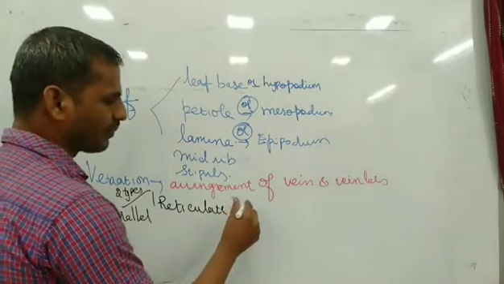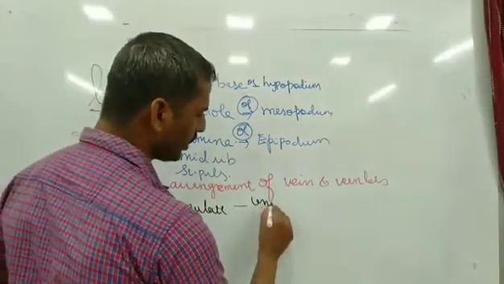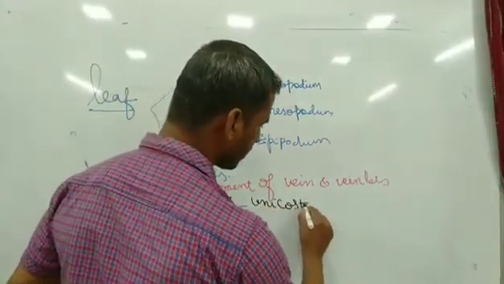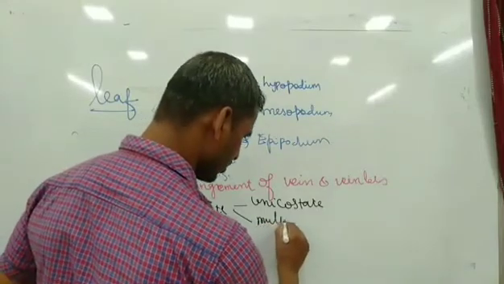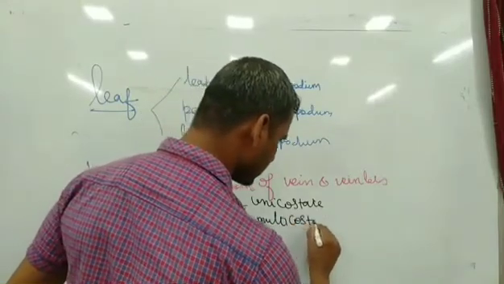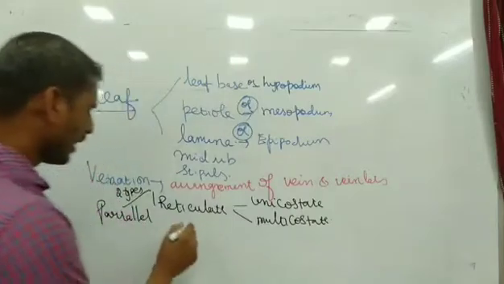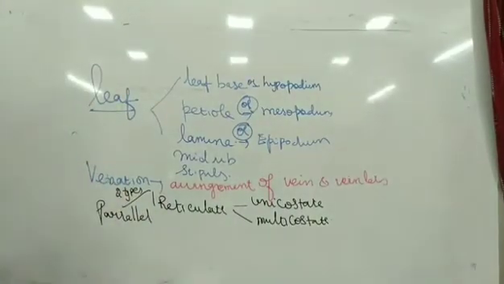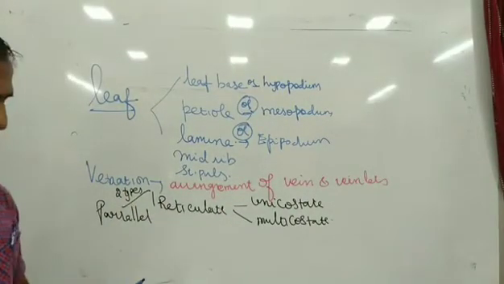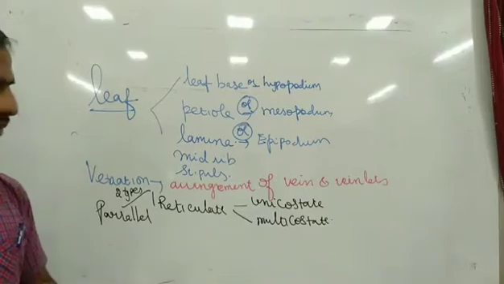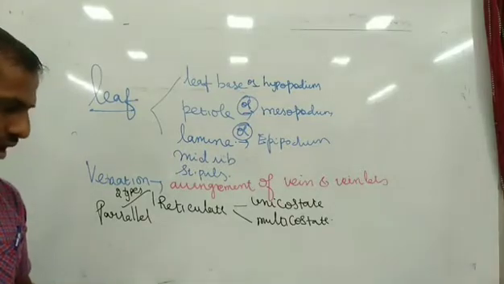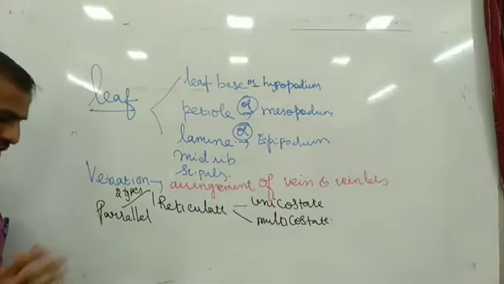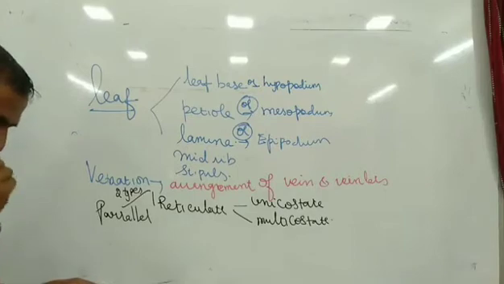The reticulate or parallel can be unicostate or multicostate. Likewise, parallel venation can also be unicostate or multicostate.